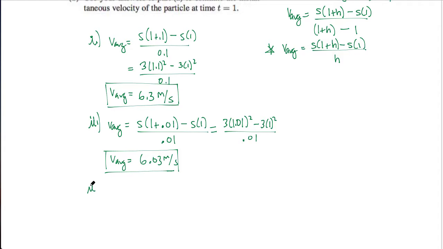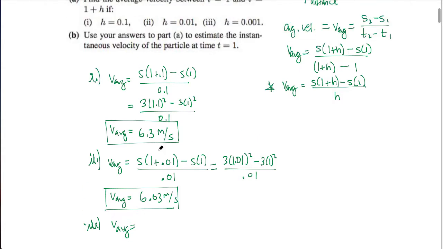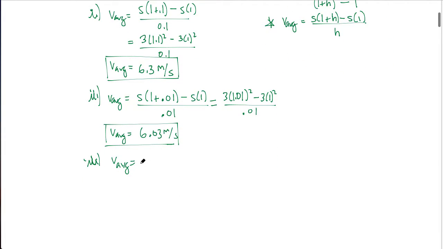And I think you might see a pattern at this point, but part 3 will be the same thing, just with an h value of 0.001. So I will have s of 1 plus 0.001 minus s of 1 all over 0.001.